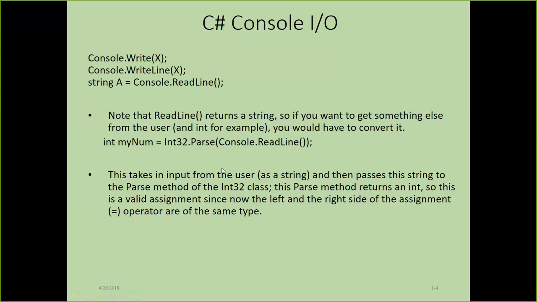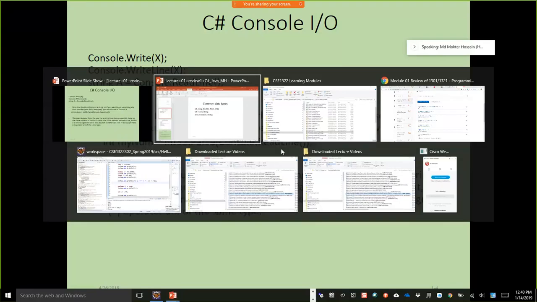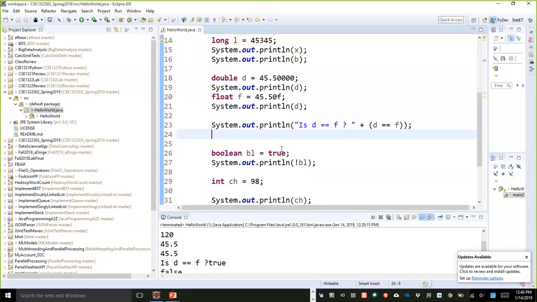And sometimes you will see Console.ReadLine. ReadLine is used to get a value, or enter a value, from the keyboard. In my program, whatever I discussed in my previous class, I put hard-coded, fixed values.